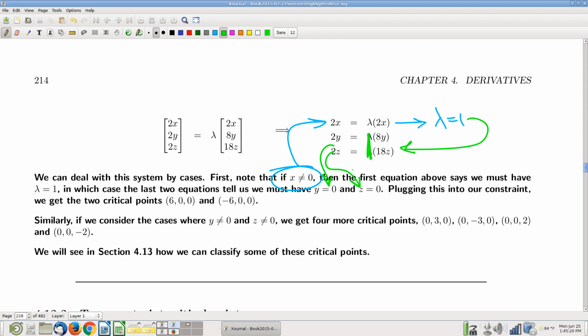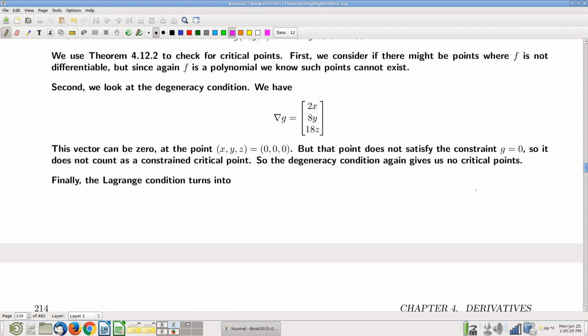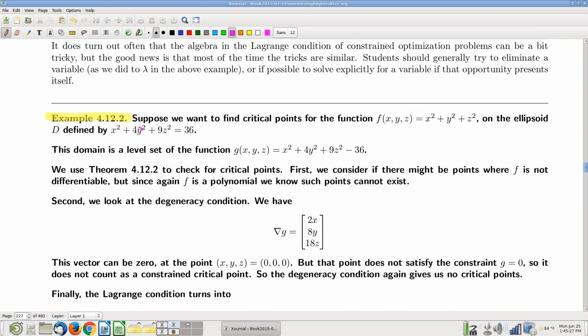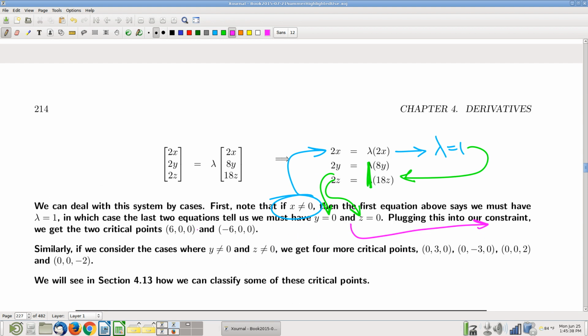And plugging that back into our constraint, with y is 0 and z is 0, then x is plus or minus 6. It's a little annoying and tedious, but you got to think it through. This is, by the way, case 1. If x is non-zero, then I get these 2 points.